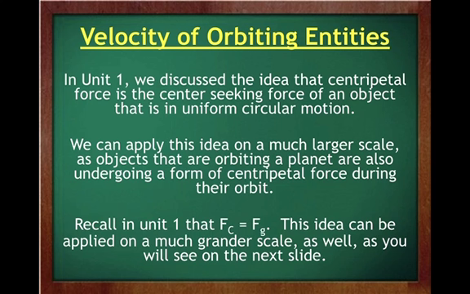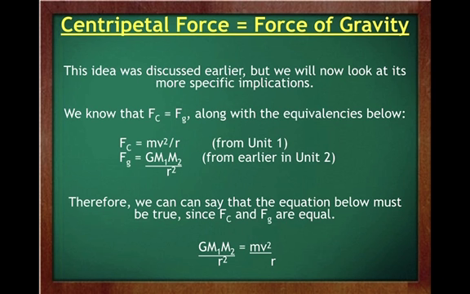Essentially that force of gravity, the gravitational force, is the same as the centripetal force in this case, right? So we see that that idea of Fc equaling Fg can be used to find certain values, okay? That centripetal force is that same force of gravity connecting those two planetary objects, pulling them together.